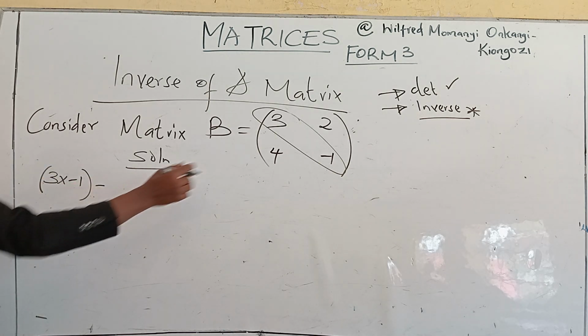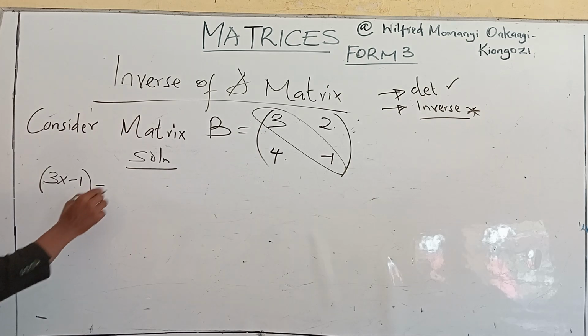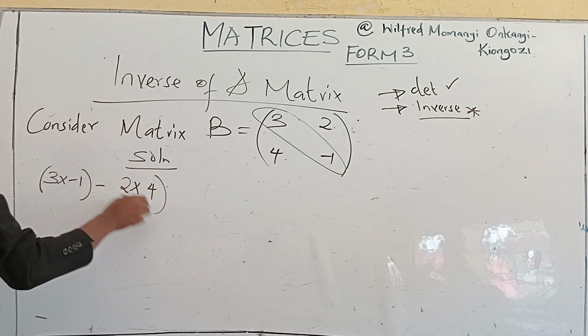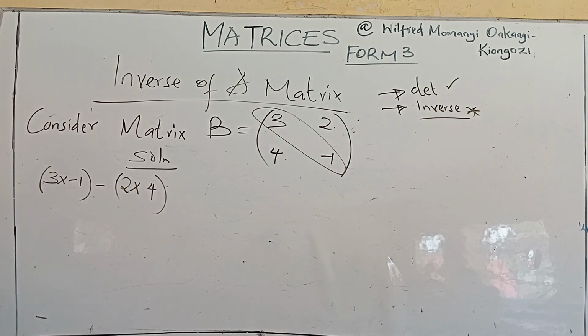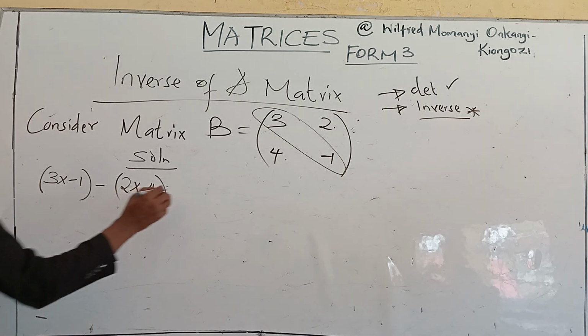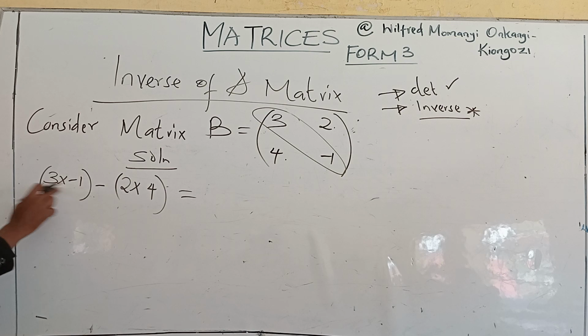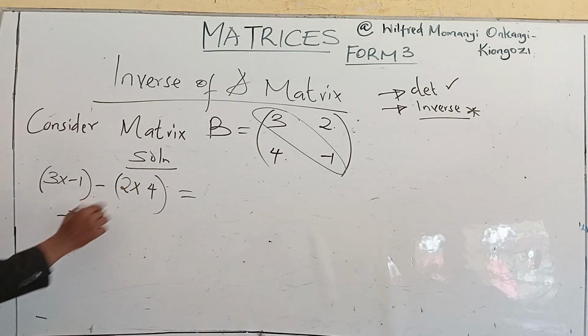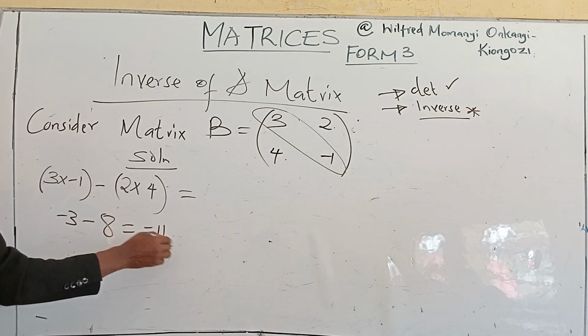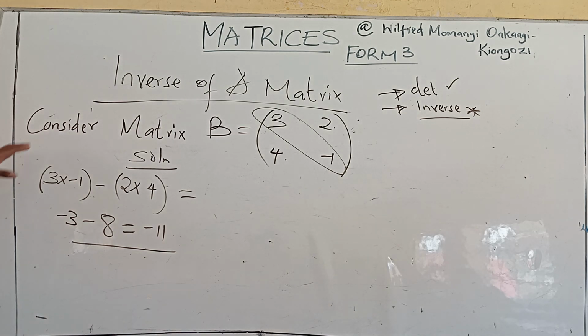Then minus 2 times 4. Again, you put the brackets like that. So what happens is, you will have negative 3 minus 8, which is negative 11. That is the determinant.